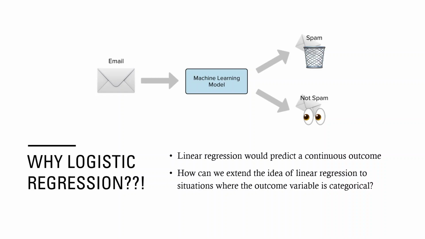Because linear regression is always going to predict continuous values, as opposed to the discrete values we want here. Suppose for spam, the model will predict the number 0, and because it's 0, we will infer from that it's not spam. And if the email is spam, then it will predict 1.